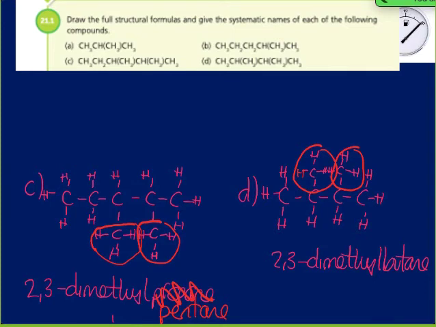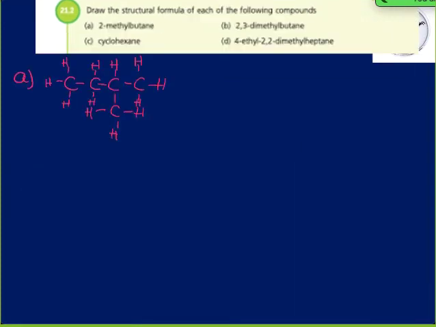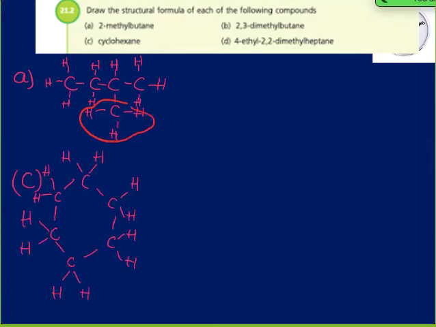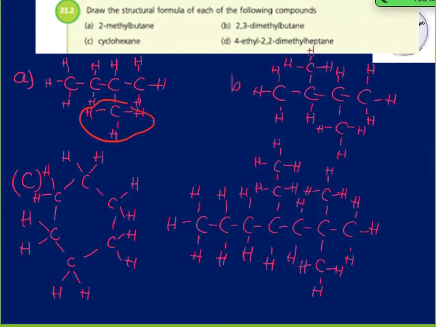Okay, then asked to draw from names. So it was a bute, 4 carbons, and then a methyl group off carbon 2. Second one was dimethyl bute, so 4 carbons, and this time methyl off 2 and off 3. So I've offset them here. It doesn't matter if they're both on the same side or on opposite sides. Then it had cyclohexane, which we've done already, and then it had 4 ethyl 2,2 dimethyl heptane.